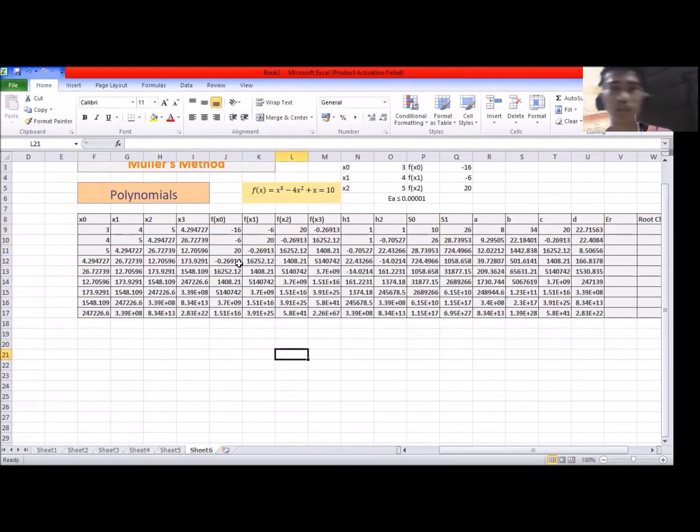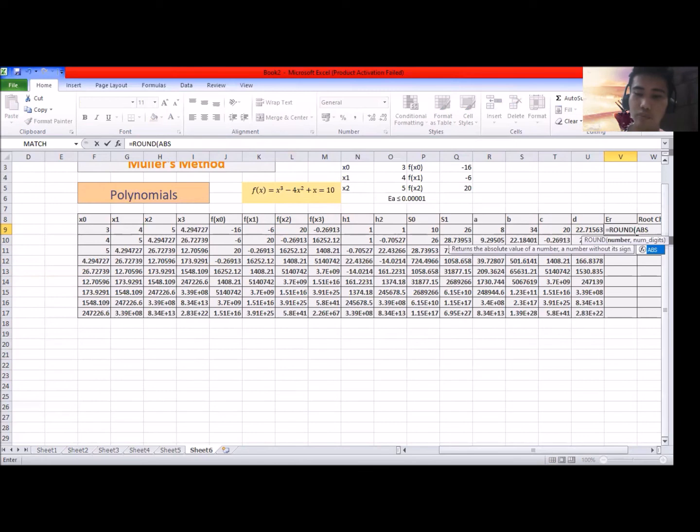We specify the function itself, then how to get the estimated root: the estimated root absolute value equals the round of the absolute value of x of 3 minus x of 2, all over x of 3, then multiplied by 100.